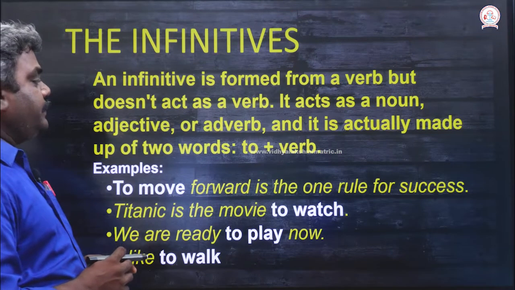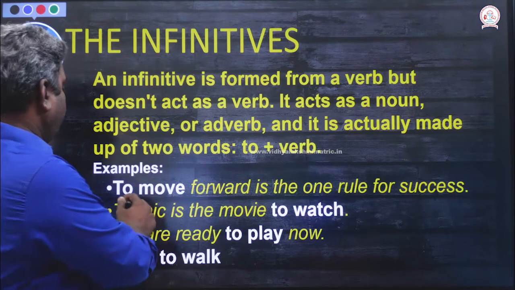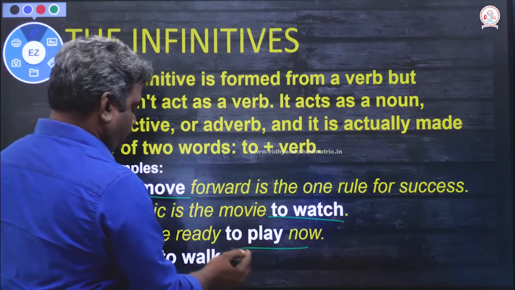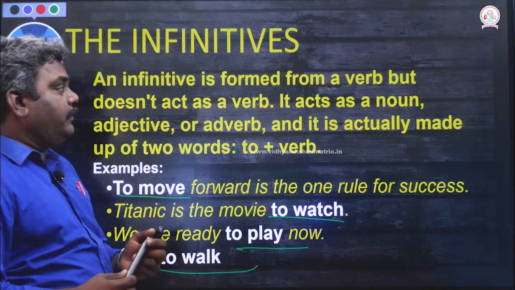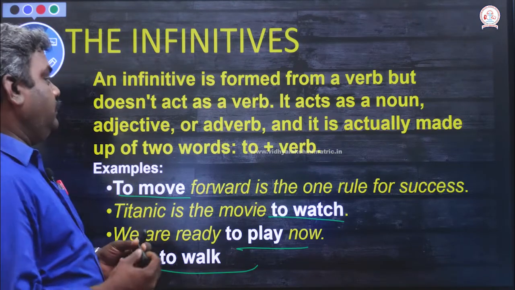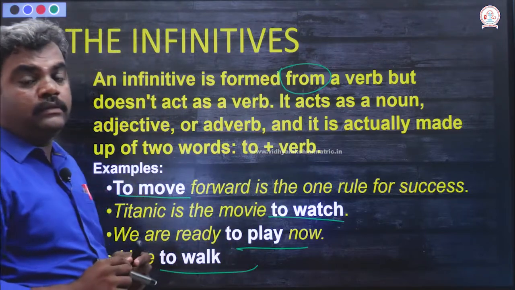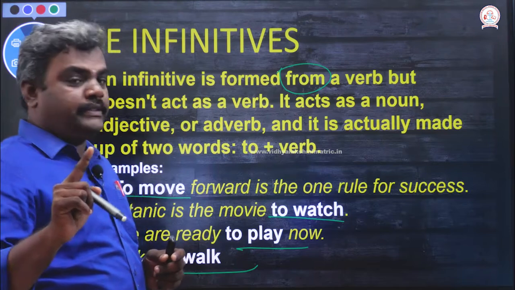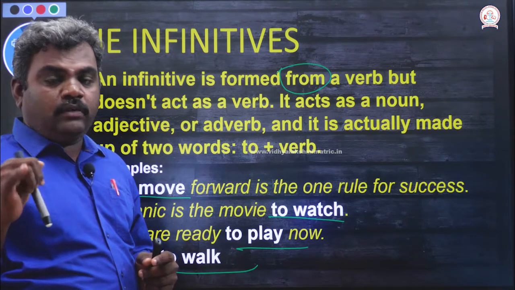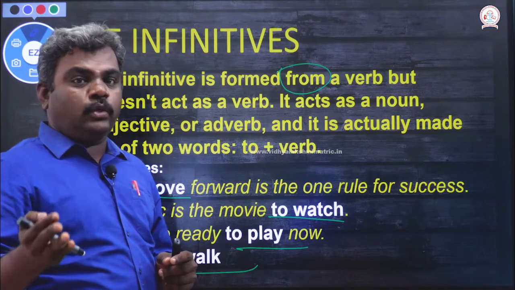The infinitives. An infinitive is formed from a verb, that is, not a verb but the root verb, V1: present tense V1, past tense V2, past participle V3. Write, wrote, written.